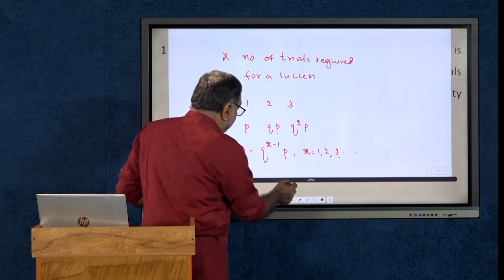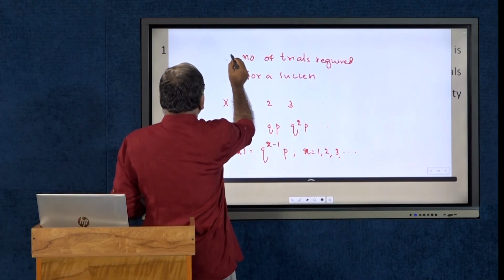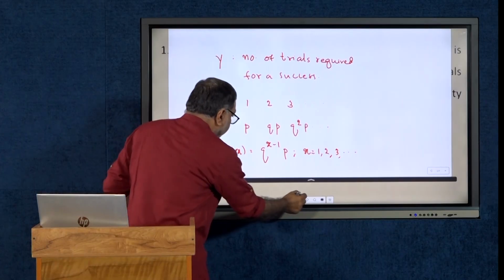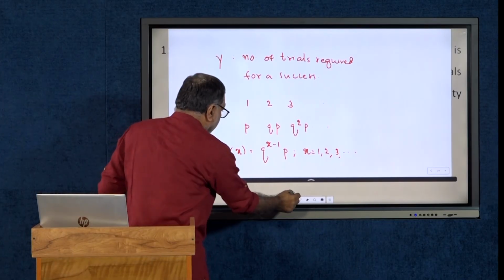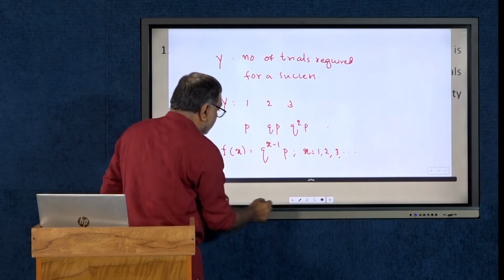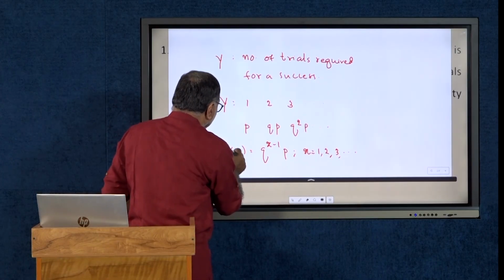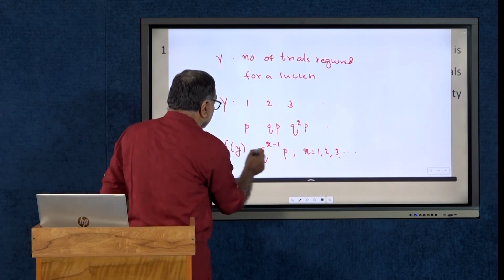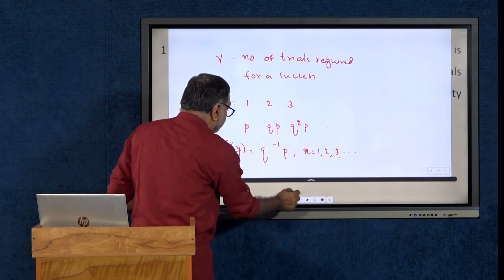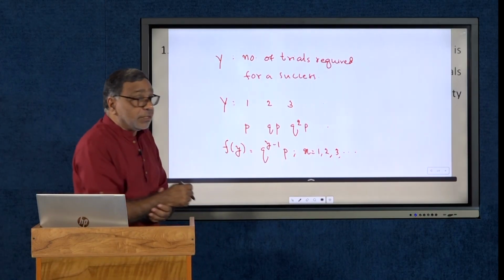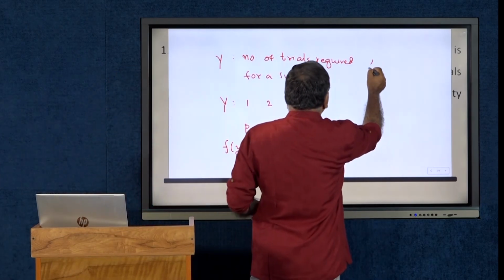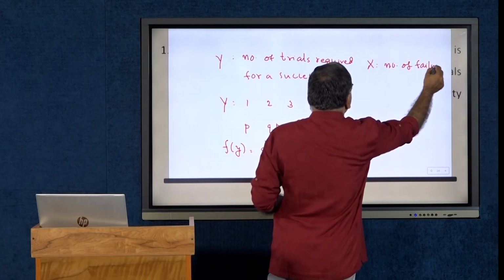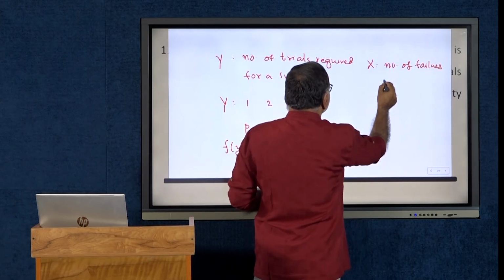But here we have the random variable that is the number of trials required for a success. Suppose we call this y, and earlier x was the number of failures preceding the first success.